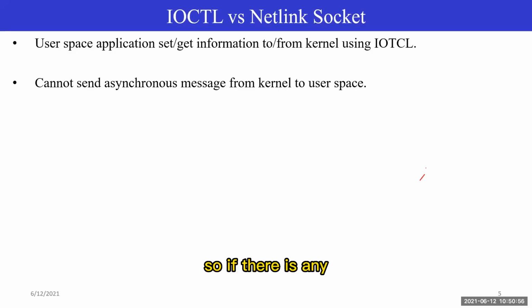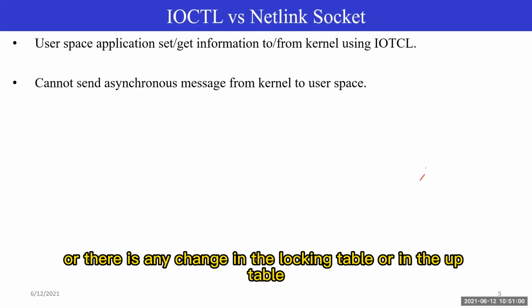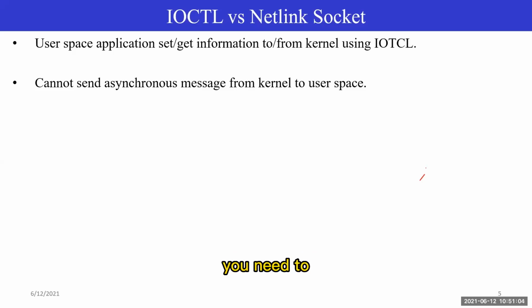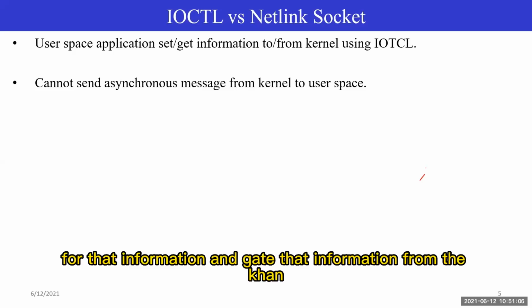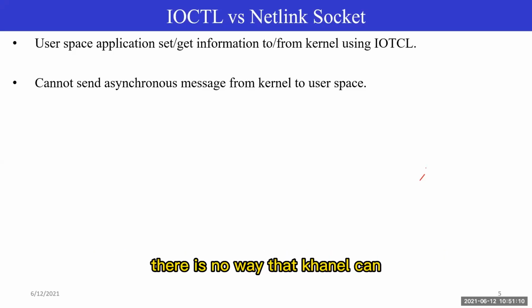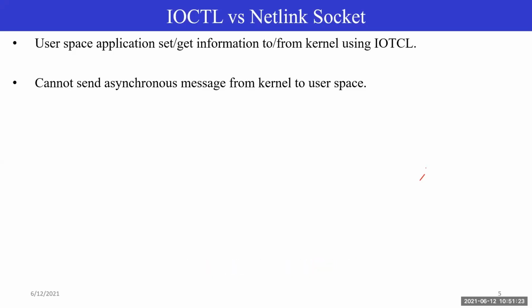If there is any change in the IP address, or in the routing table or in the ARP table, you need to poll for that information and get it from the kernel. There is no way that the kernel can asynchronously tell you that this event occurs. So that is the major drawback of using IOCTL.